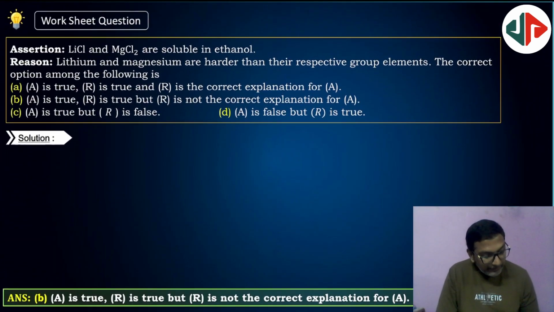Next. Lithium chloride and magnesium chloride are soluble in ethanol. Lithium and magnesium are harder than their respective group elements. The correct option among the following. Say lithium chloride and magnesium chloride are soluble in ethanol, C2H5OH.